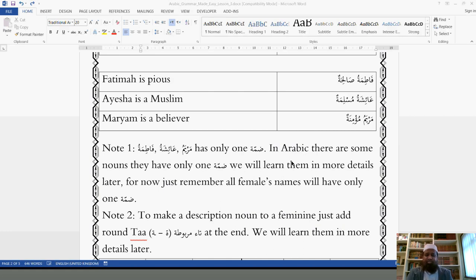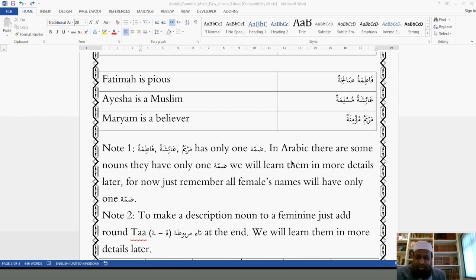To make a description noun feminine, just add a round ta, which is called ta marbuta, at the end. We will learn them in more detail later. So this is very straightforward.